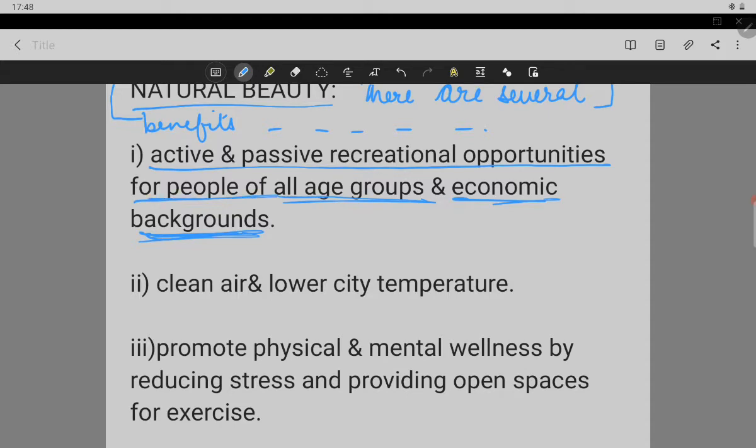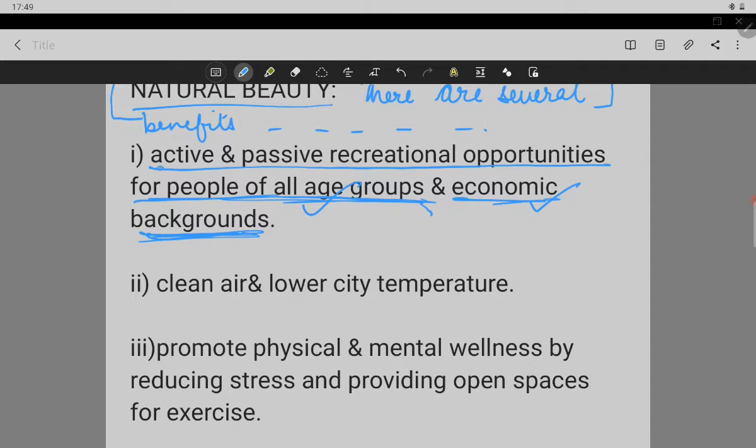Also, people of all age groups can enjoy nature. Children can play around, old people can sit on a bench and enjoy nature. People of a middle age can walk around. So it depends on health and it depends on age, but everybody can enjoy nature from any economic background, from any age group.